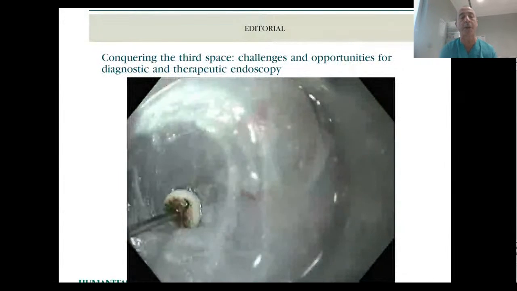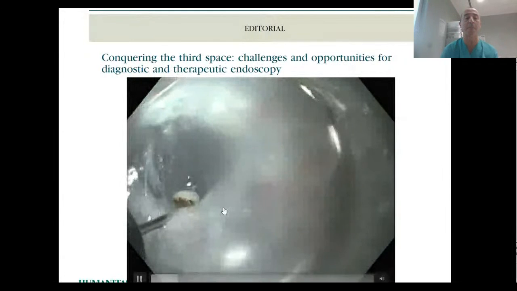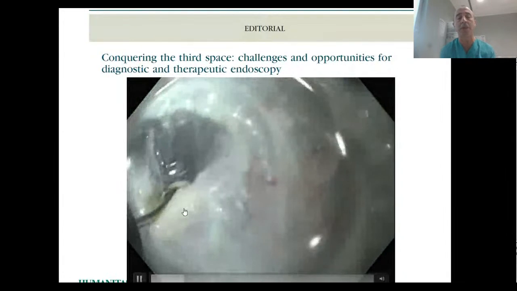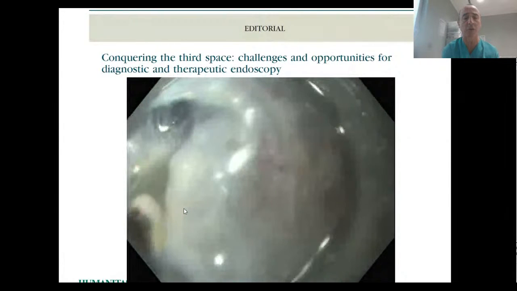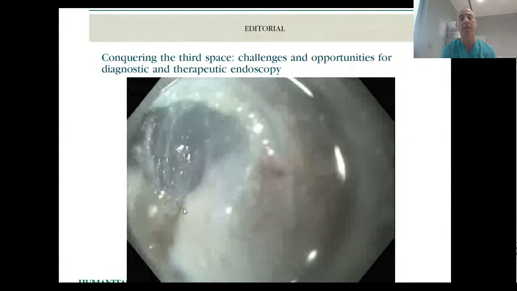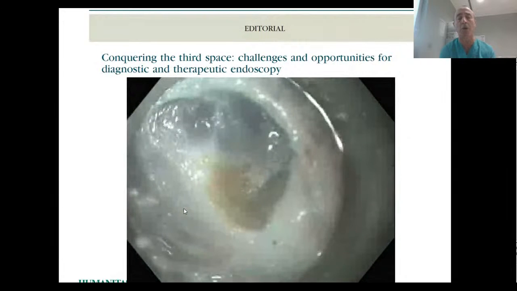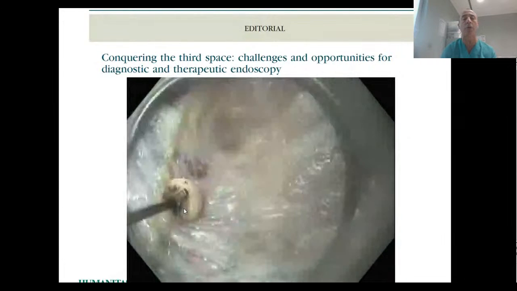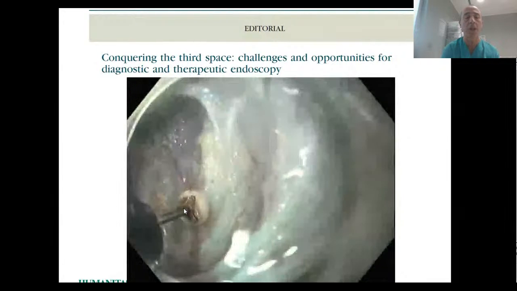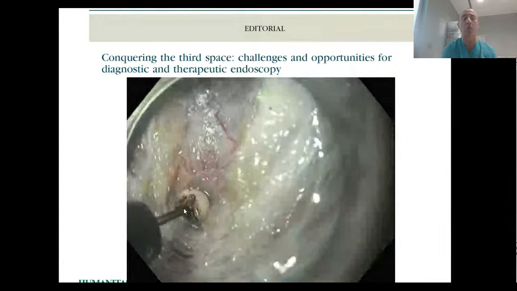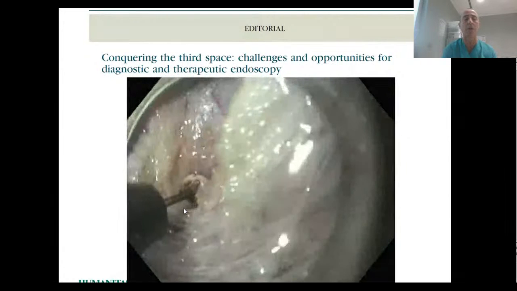So the other opportunity with the third space is G-POEM. We are doing G-POEM now on a regular basis. This is the pyloric ring. We use this Olympus knife, which is protected by a ceramic ball on the tip to avoid deep thermal injury. And we do myotomy for about 1.5 to 2 centimeters, no longer than that.